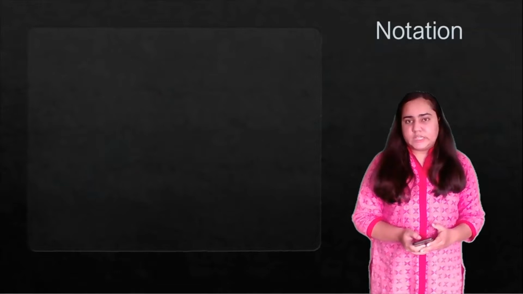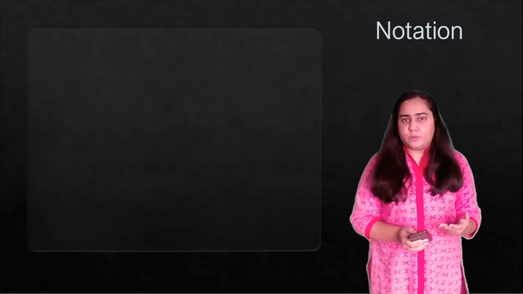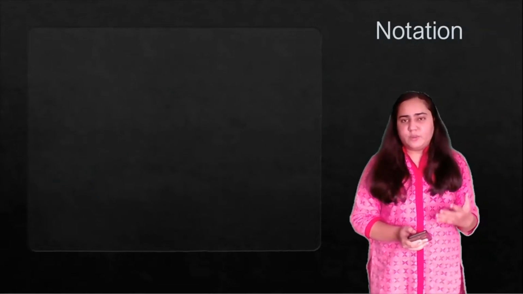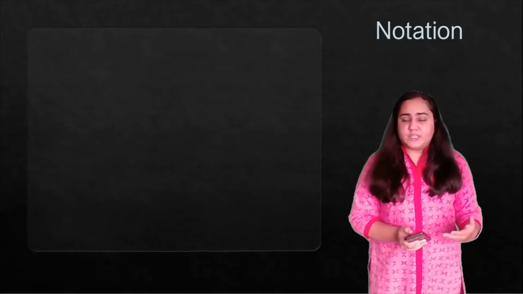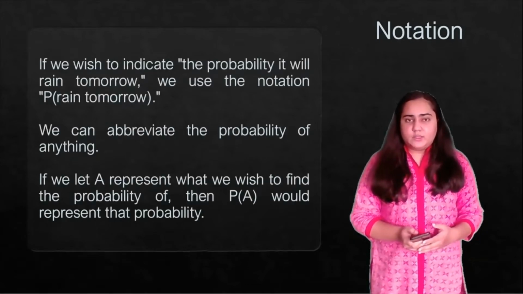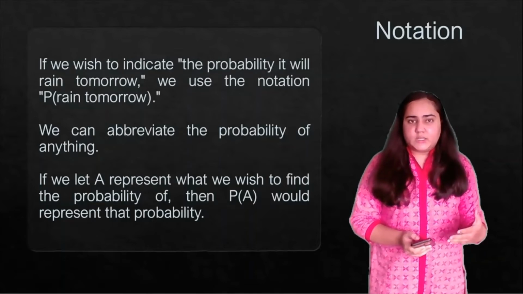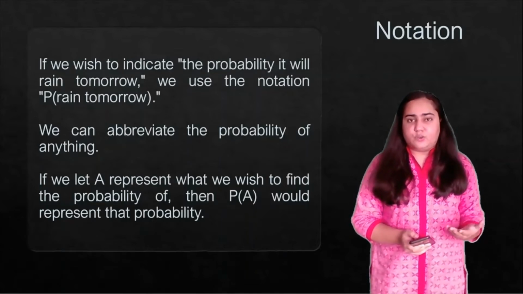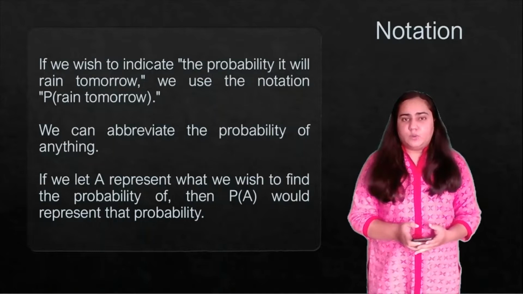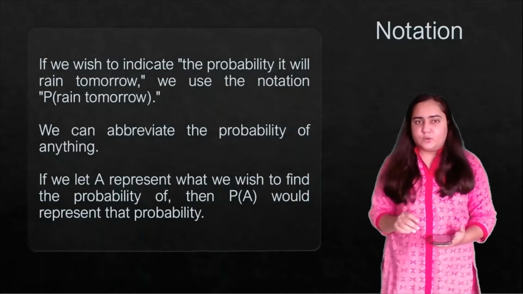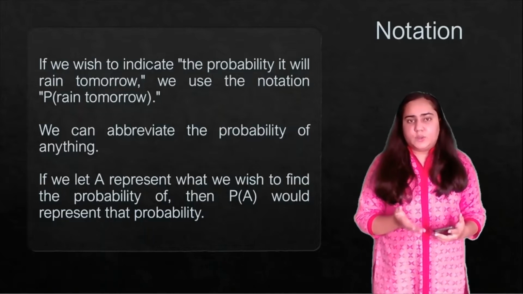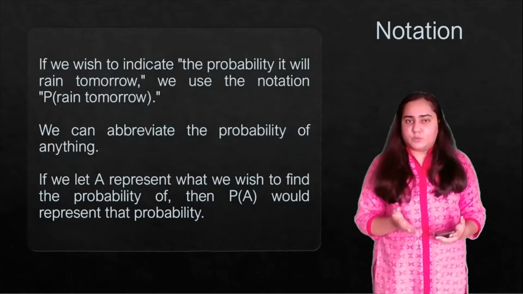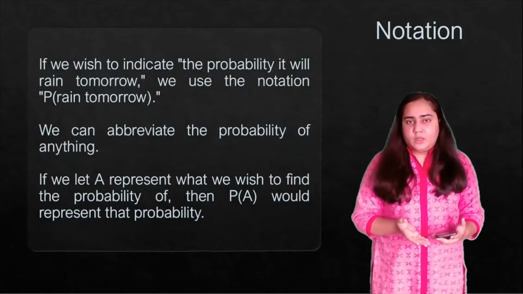You'll be able to answer these kinds of questions once you have learned how to calculate probability. Now, this is the notation used to describe probability, because when you're performing calculations, you don't want to keep on writing the word probability all the time. So if you wish to indicate the probability that it will rain tomorrow, you would write P and then in brackets, rain tomorrow. In this way, you can abbreviate the probability of anything.